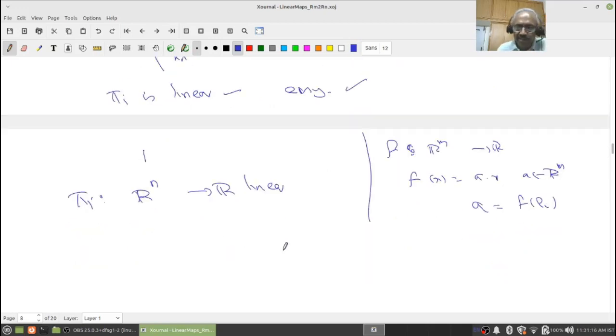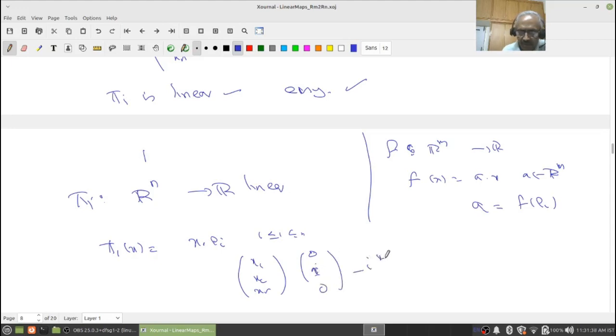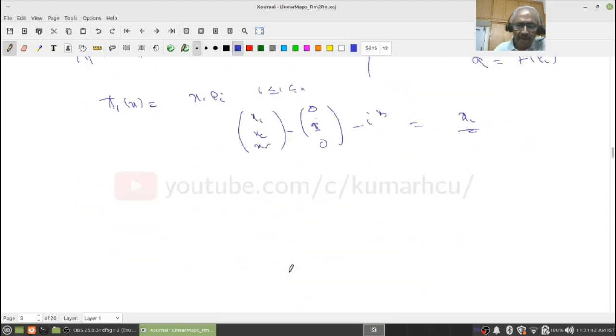So therefore, what is the vector a? You see that pi i of x is nothing other than x dot a, because I have x1, ..., xn, and here, this is xi, here I have 0, ..., 1 at the ith place, and 0. Therefore the dot product is going to be just xi. Do you understand that? Yeah.